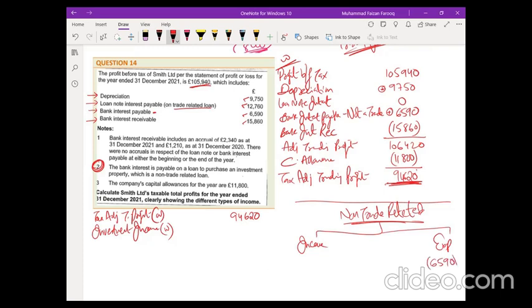This is an expense. And the non-trade interest income will always be non-trade. We don't have any BD, we don't have any CD, or do we? What do you see? You can see this one, BD and CD.